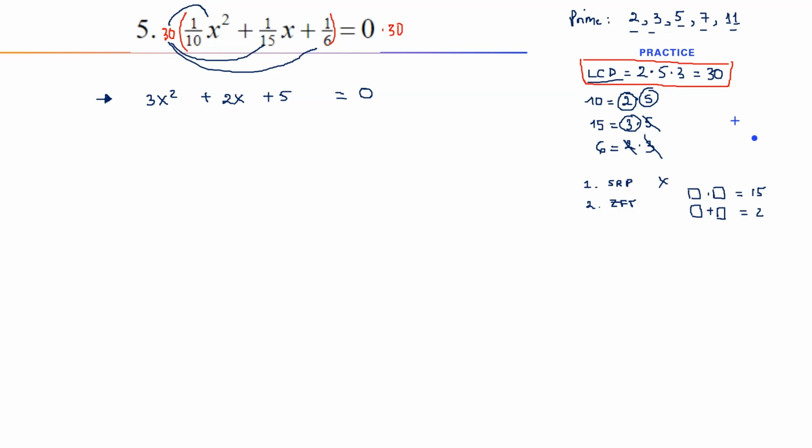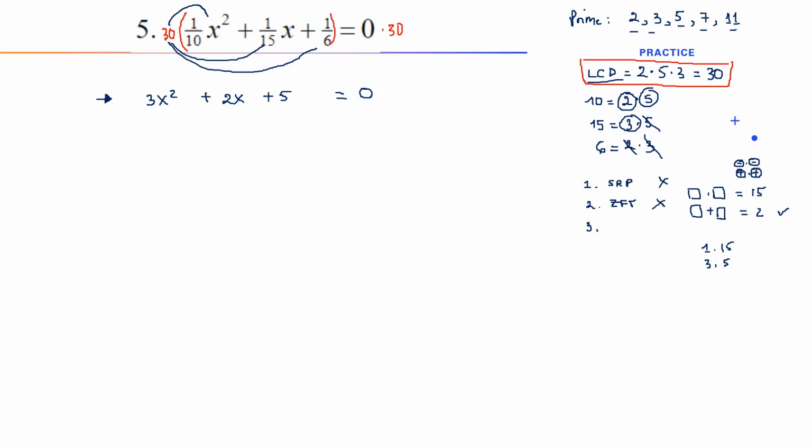For the 15, you will have the product of 2 negative numbers, or 2 positive numbers. And 15 is 1 times 15 or 3 times 5. Those numbers could not add up to 2. With negative and negative, negative 3 and negative 5 make negative 8. 3 and 5 make 8. So the zero factor doesn't work.